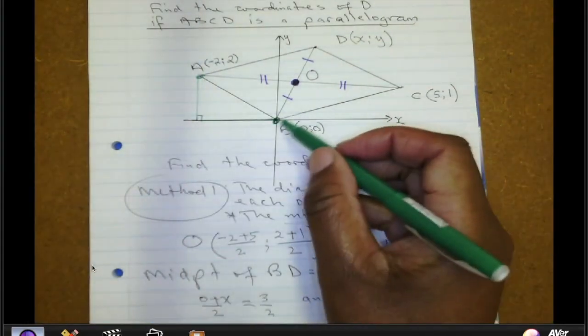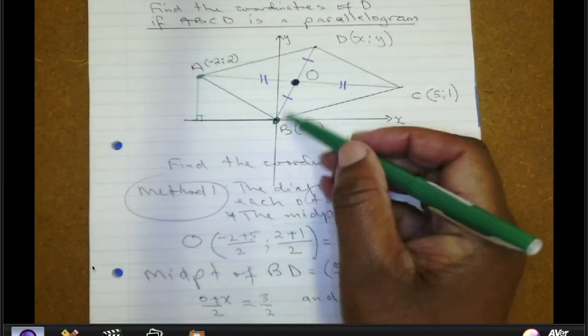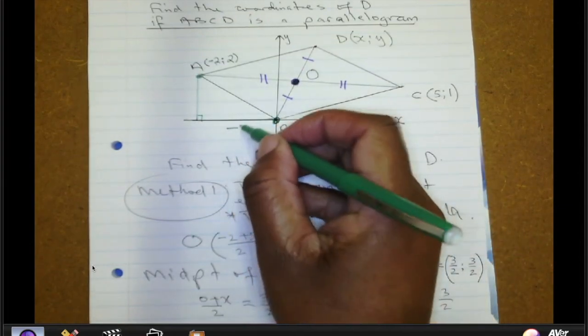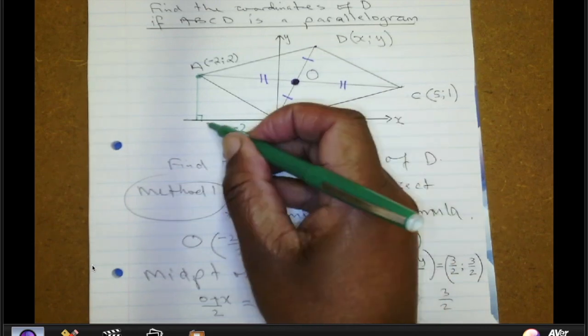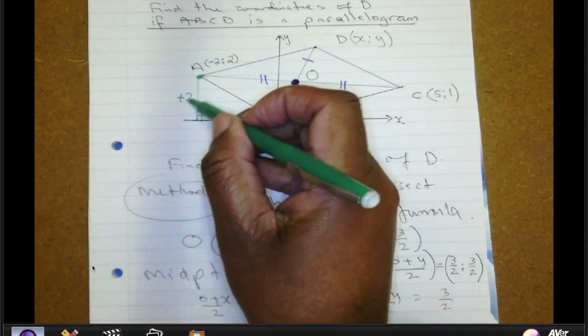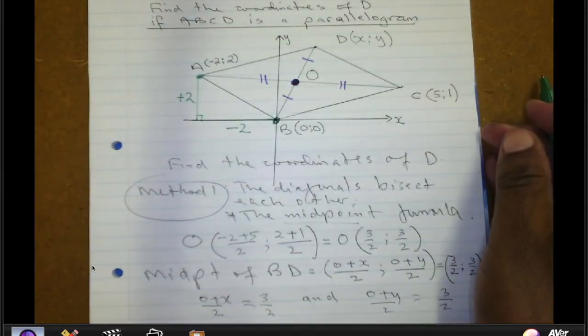So clearly, to get to A, starting from B, I need to move minus 2 units horizontally and plus 2 units vertically.